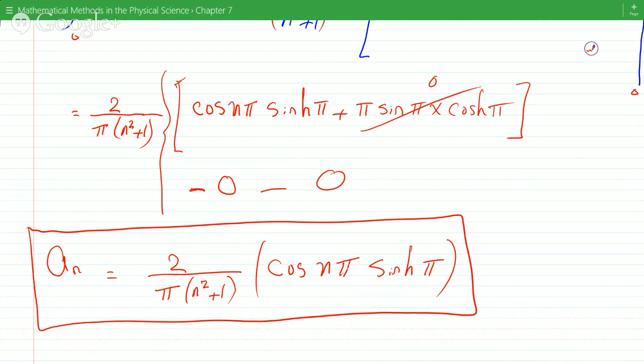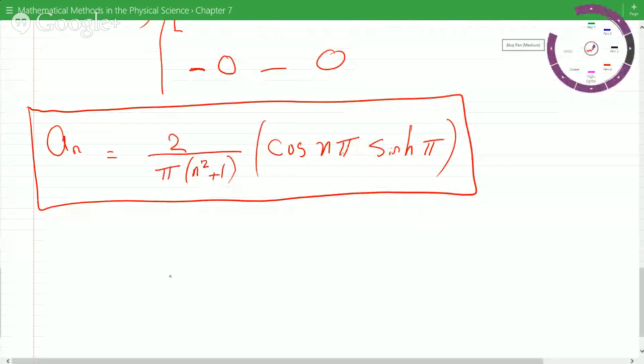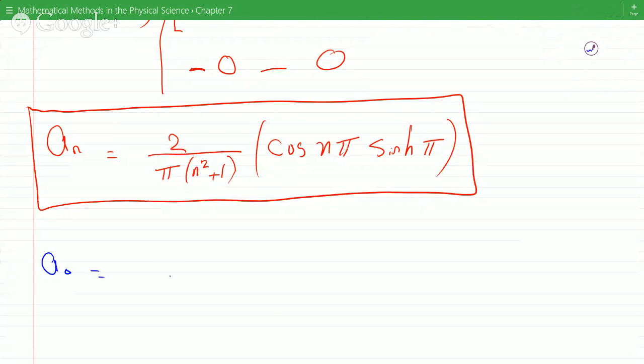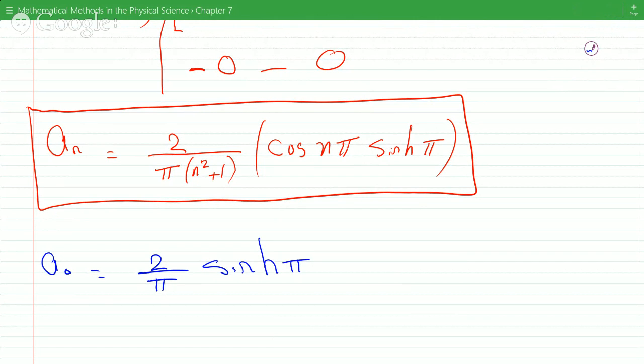Understand? So we can figure out the first few coefficients. We can go after a0 now. That's 2 over pi times cosine pi, which is minus, cosine 0 is 1, times sine hyperbolic pi. So that's our a0.